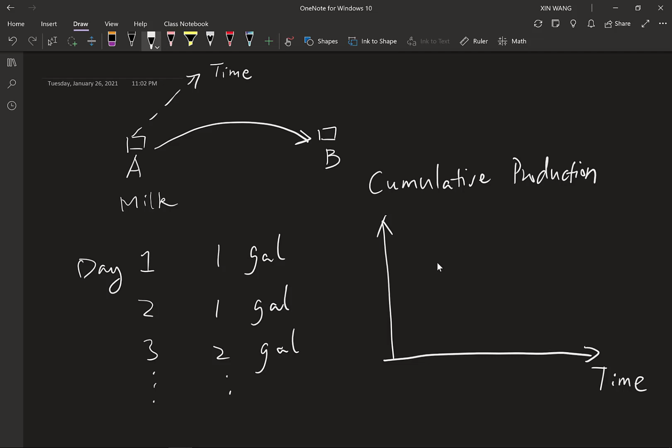So we can see at day 1, we have 1 gallon. Then at day 2, we have another 1 gallon. That makes it 2 gallons in total. And then in day 3, we have another 2 gallons, so we have 4 gallons in total.